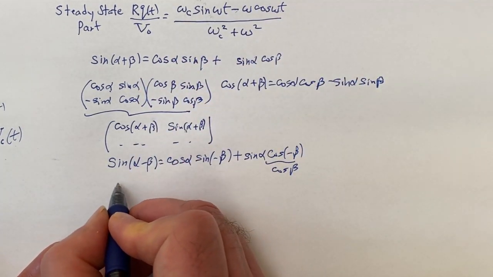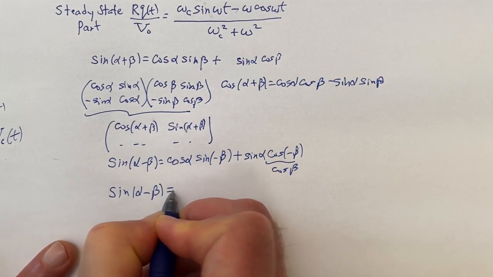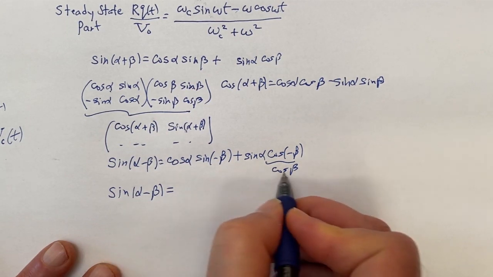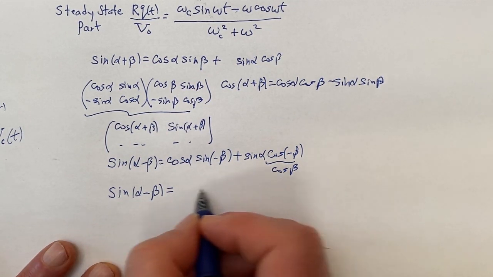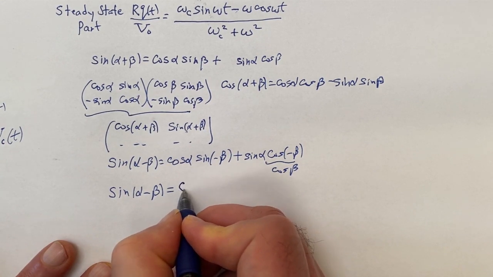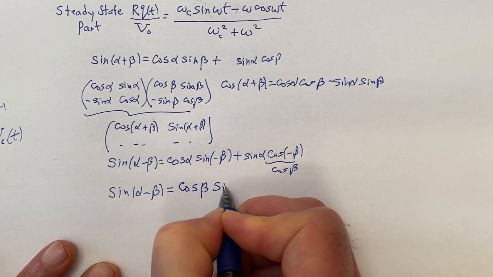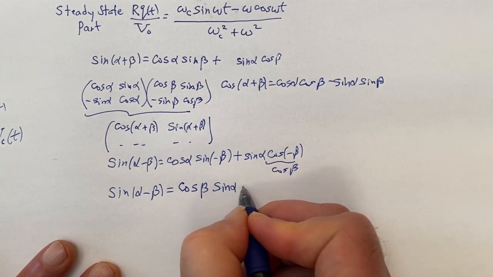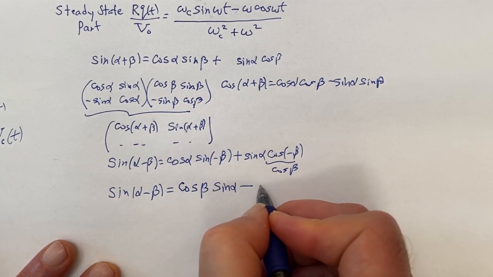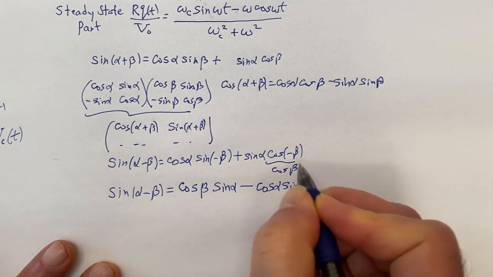That minus sign is going to help me. So here, the sine of alpha minus beta is equal to, the plus one is going to be, let's go ahead and write this out, cosine of beta times sine of alpha, this first one. And the second one has the minus sign, and that'll be minus cosine alpha sine beta.